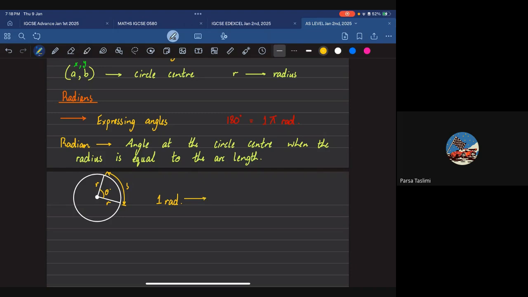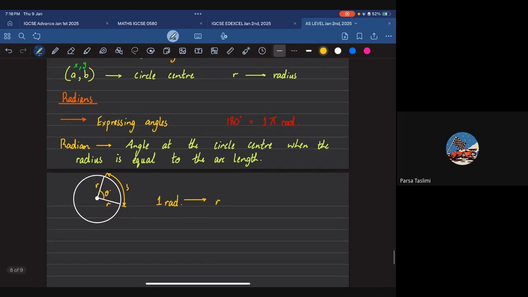If I want to explain it using a circle, one radian exists when your radius is equal to your arc length. S is the label for arc length.